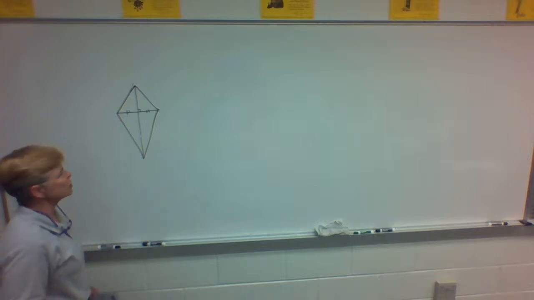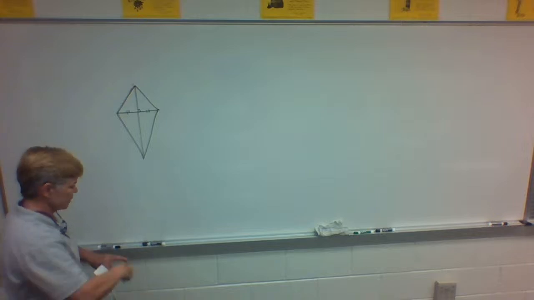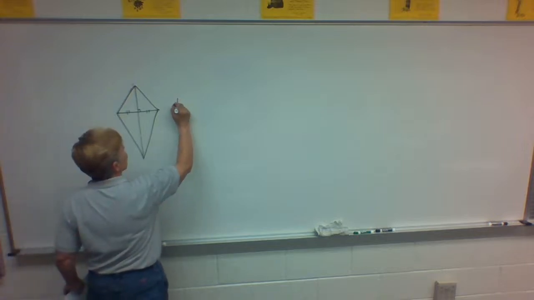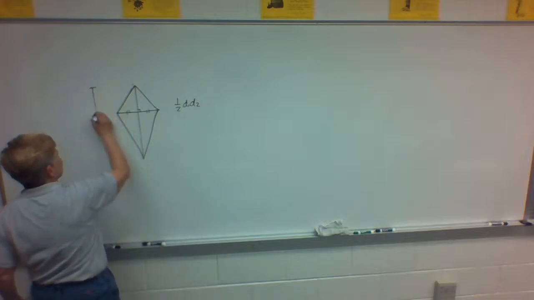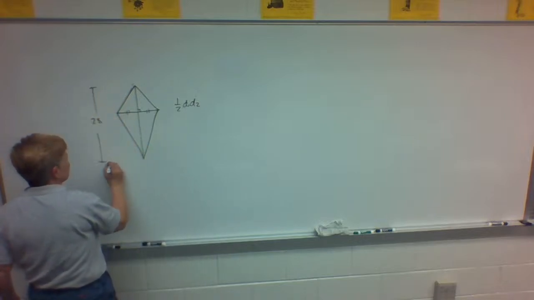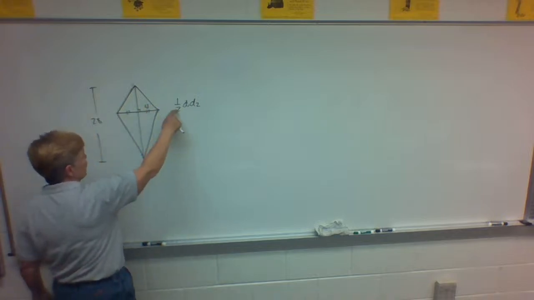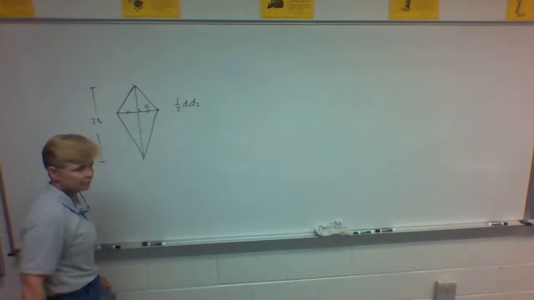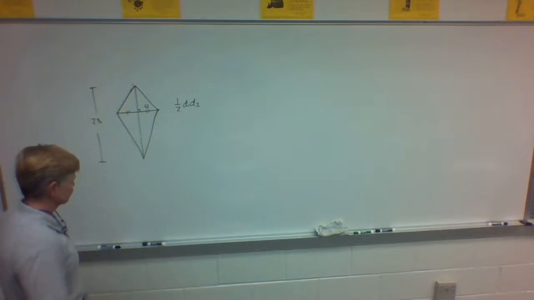There is enough information if you understand that this stick is as long as this one for you to find that area using this 1/2 D1, D2. So if I tell you that from here to here is 28 and that this is 4, you're going to take 1/2 of 8 times 28. See? There you go.